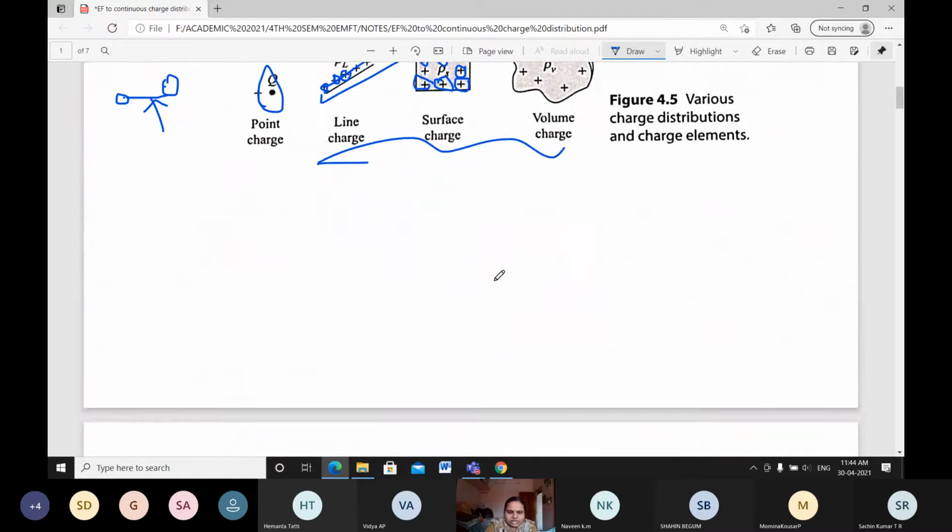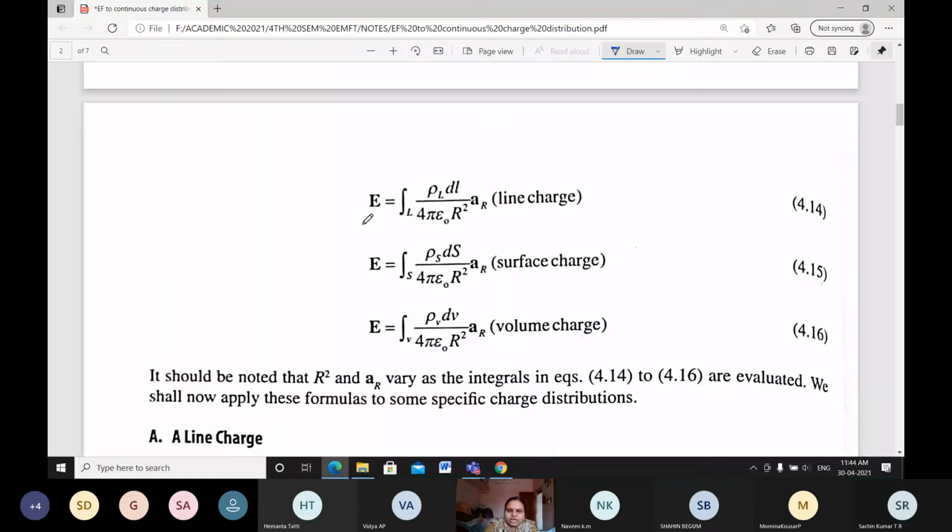The electric field intensity is going to be, as we already derived, the integration over L of rho L dl divided by 4 pi epsilon naught r squared into the unit vector AR, in the direction in which it is moving. For the surface charge, we just change rho L dl to rho S dS. For the volume charge, we write rho V dV.